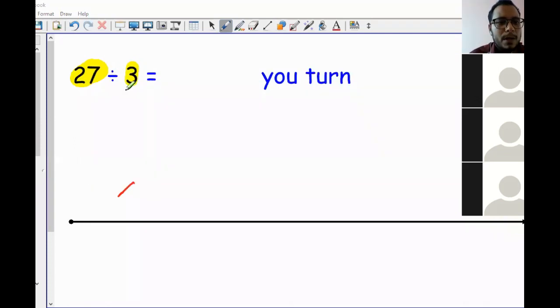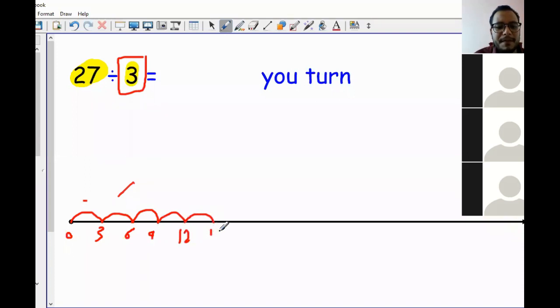So I should start where? We start at 0. And I will make jumps of what? I will make jumps of 3. So 0 plus 3 equals 3. Plus 3 equals 6. Plus 3 equals 9. Plus 3 equals 12.